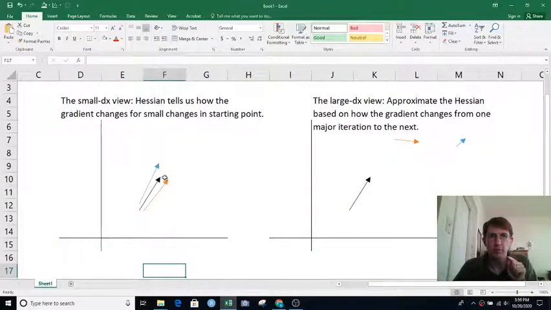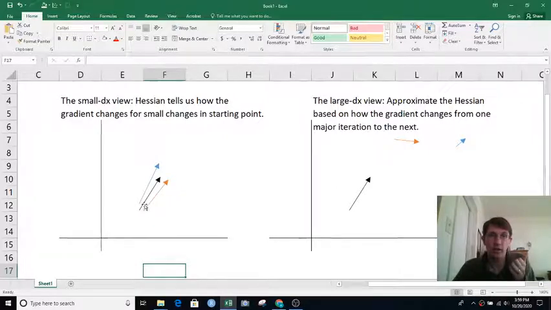So here, if the black arrow was my original, let's say negative gradient, then I could have said, okay, I'm going to change x1 by a little bit, see what the new gradient is, see it's not quite as steeply sloped, and then come back to the black one and say change x2 by a little bit, see, oh, that's slightly more steeply sloped and maybe a little bit longer, and from that figure out the Hessian right near there.